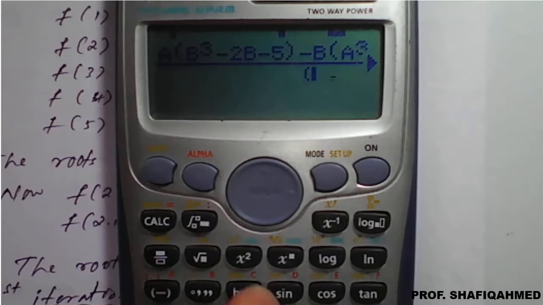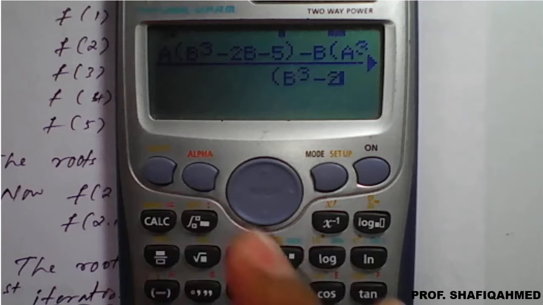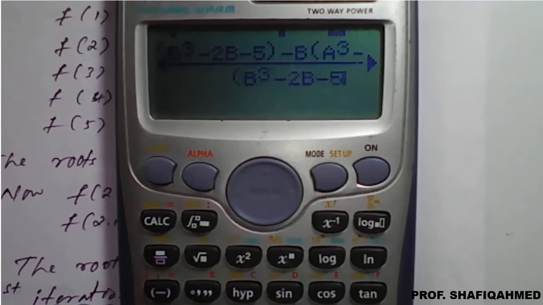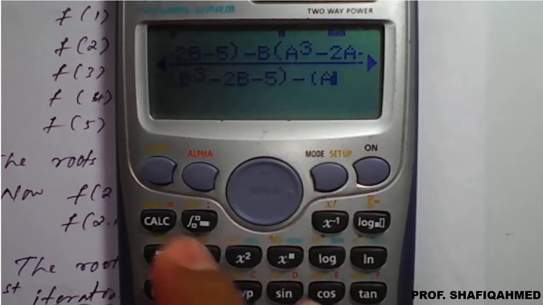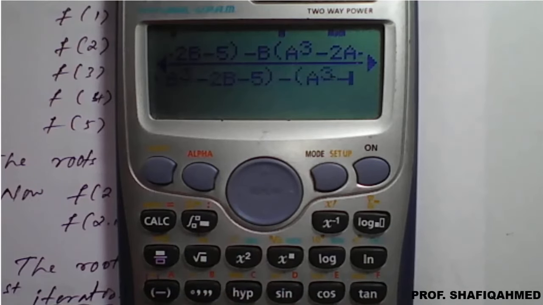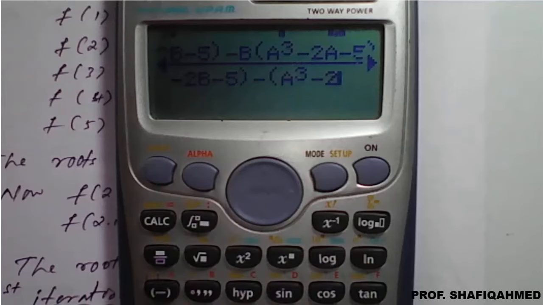Bracket, f of b is alpha b cube minus 2 times alpha b minus 5, minus bracket alpha a cube minus 2 times alpha a minus 5.